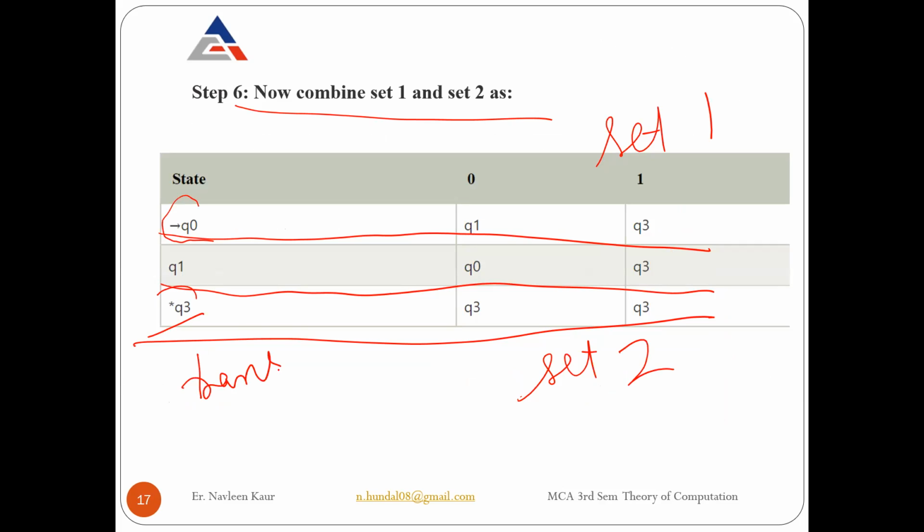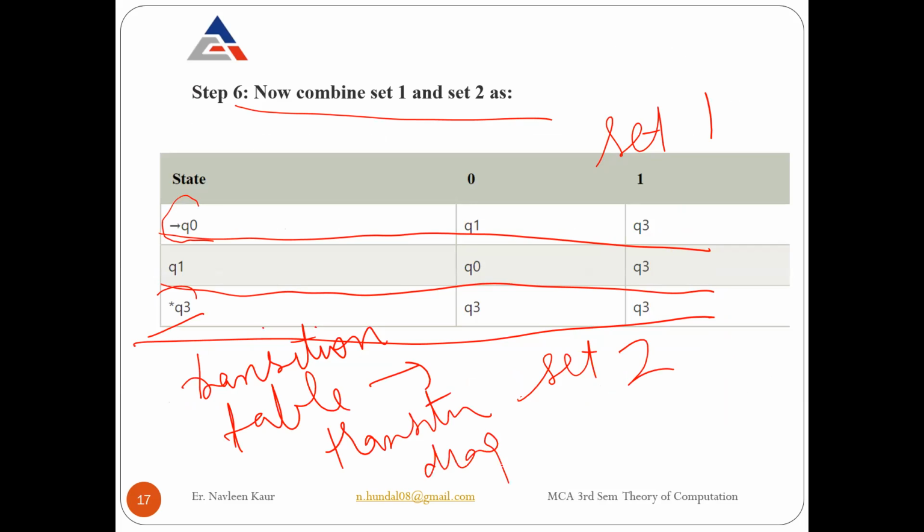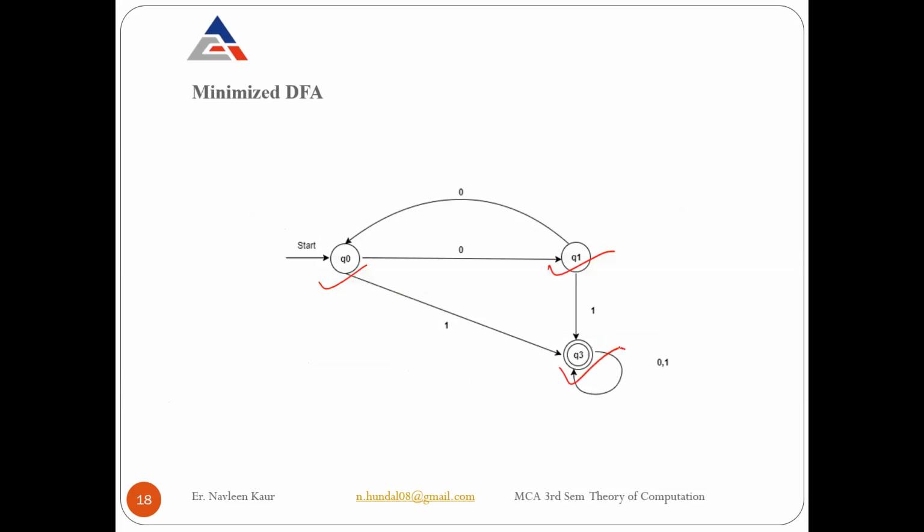Now, if you have the transition table, are you able to draw the transition diagram from it? Yes, it is very simple. Now we are left with only 3 states: Q0, Q1, Q3. Q0 is the starting state, Q3 is the final state.